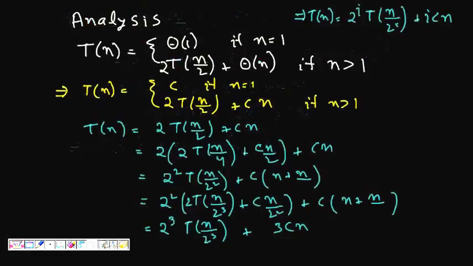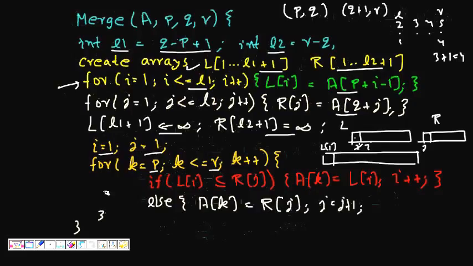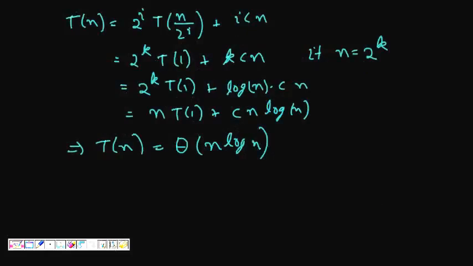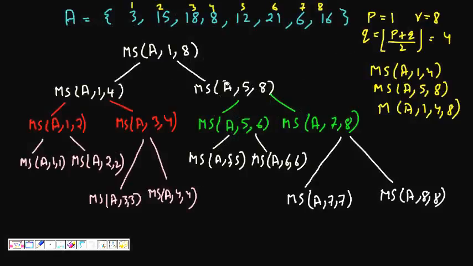So this merge is done, so we can merge two sorted arrays in theta of n time. Next, we want to analyze the merge sort. If I want to trace the merge sort algorithm on this array, initially I will call MergeSort(A, 1, 8).